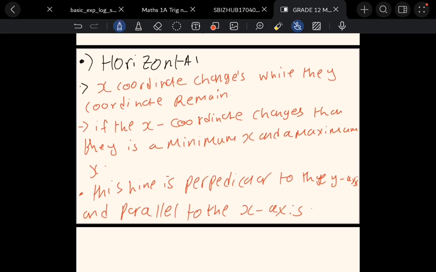This information in analytical geometry is the most important info, because in an exam they'll just tell you this line is parallel to the x-axis. If a line is parallel to the x-axis, which means it's horizontal, the y coordinate remains. The only thing that changes is the x.